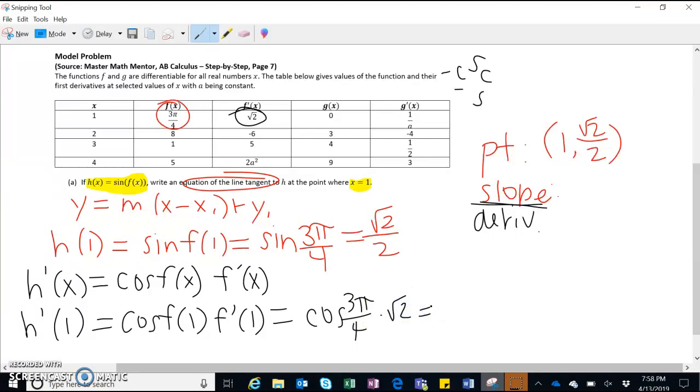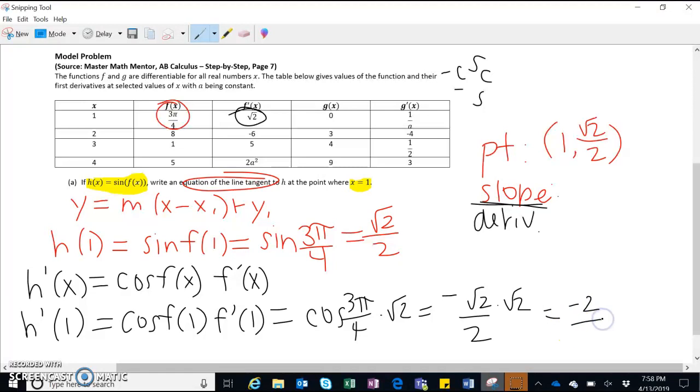Again, with some unit circle comprehension, I'm able to arrive at the value for cosine of 3 pi over 4 by thinking about the second quadrant of the unit circle. Cosine represents x, so in quadrant 2, I'm actually going to get a negative square root of 2 over 2 for my cosine of 3 pi over 4, multiplied by that root 2 over 2 that I grabbed from my table. Clean this up a little bit.